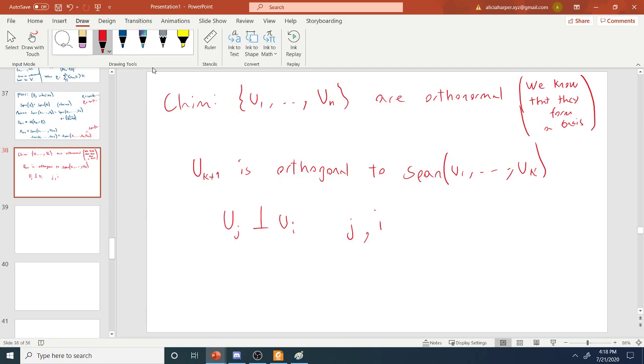Now, the next thing to observe is that uk plus 1 is defined to be xk plus 1 minus pk divided by the norm of itself. And this, of course, is going to have norm equal to 1.